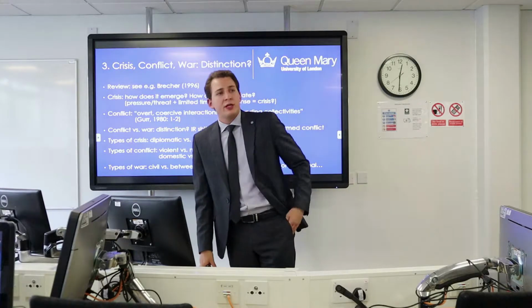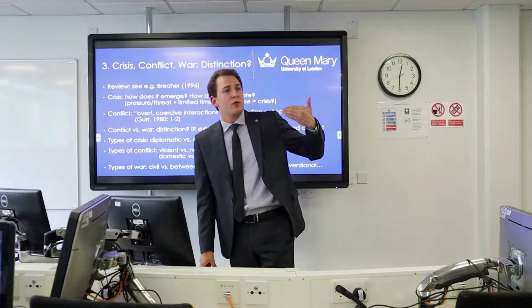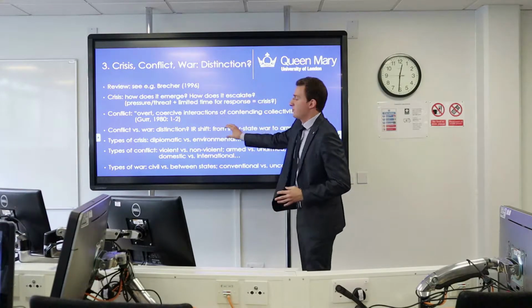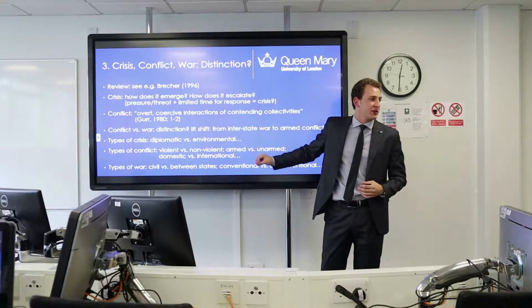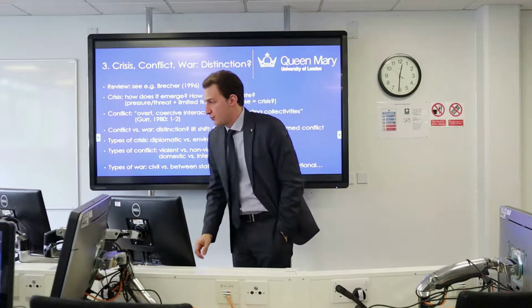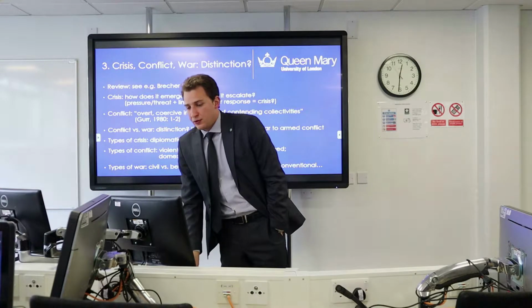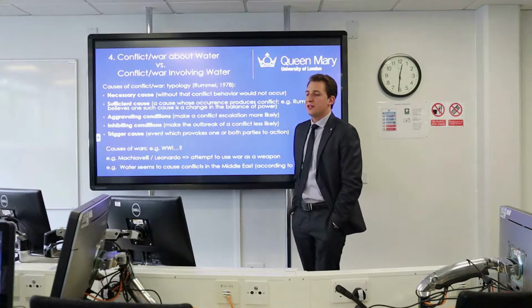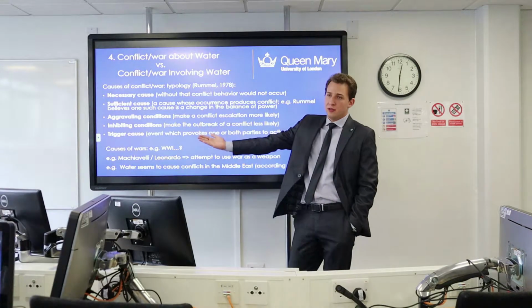In any case, the point is, when you think of water conflict, water crisis, water war, what types of crises, wars, and conflicts are you thinking about? You should be able to distinguish these very clearly. So, distinction number 4 is conflicts and wars about water.